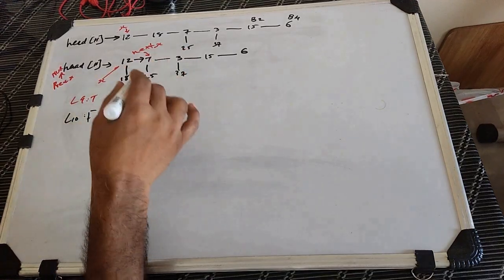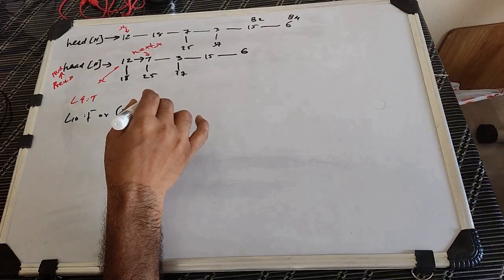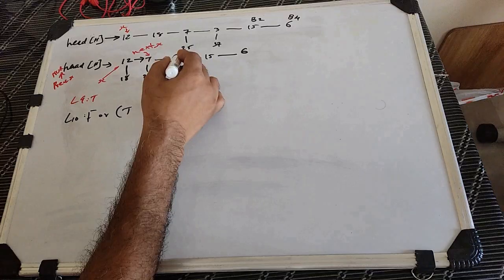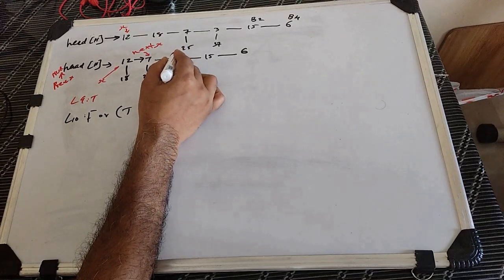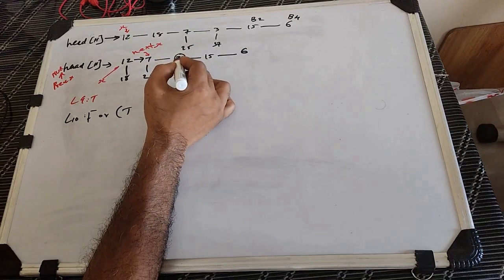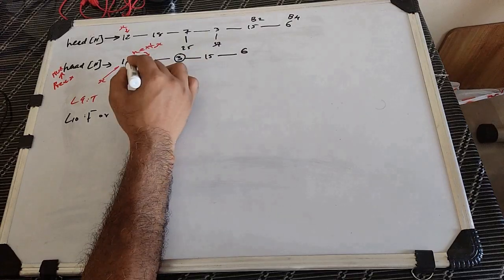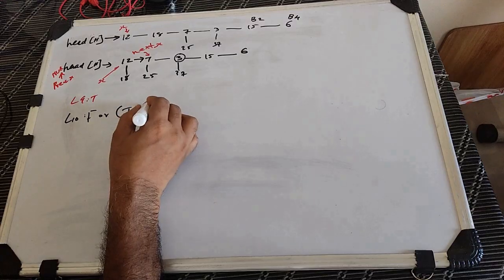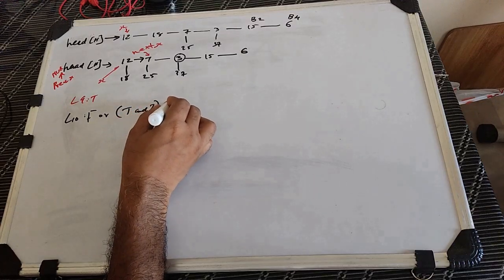Sibling of next x is there. And degree of sibling of next x: sibling of next x is node 3. Its degree is 1 and degree of x is 1. So true and true. So line number 10 gives true.